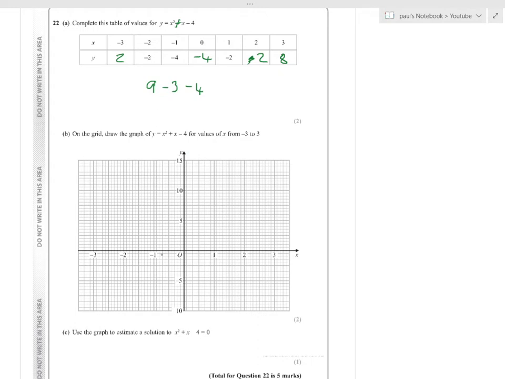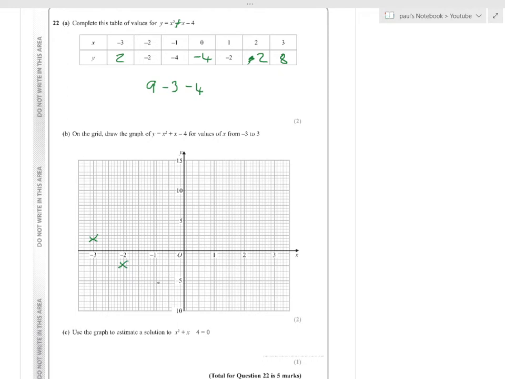Okay, so minus 3, 2. Minus 2, minus 2. Can't see the graph very well.